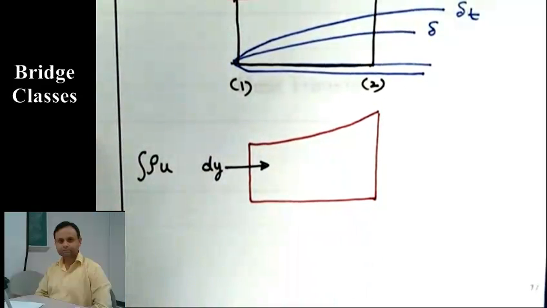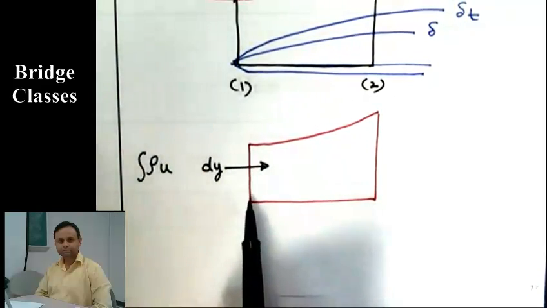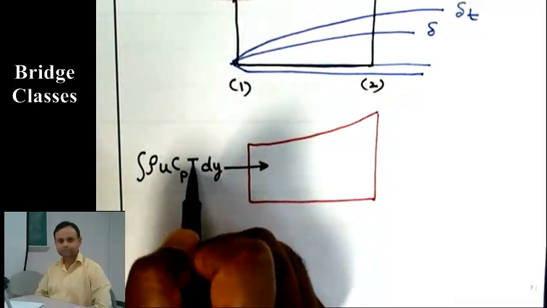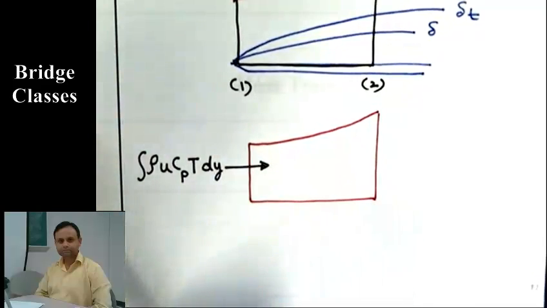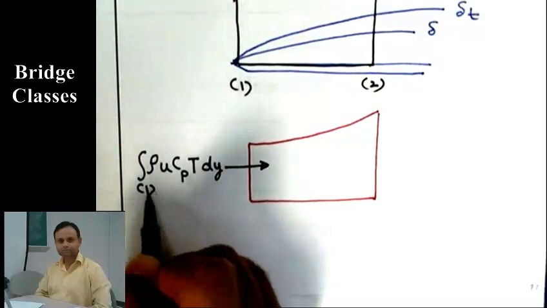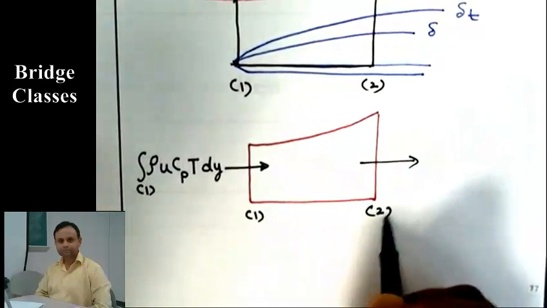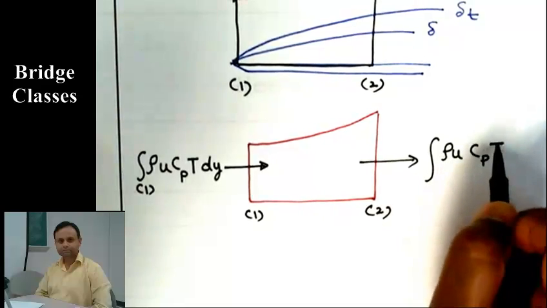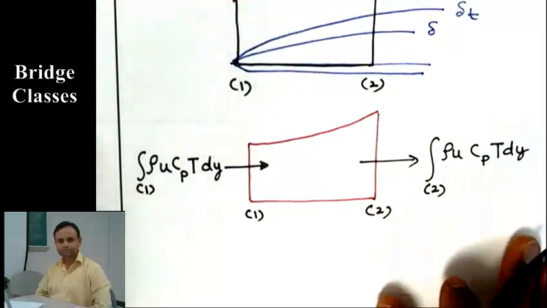This is mass flow rate, density times velocity times area. Multiply this with specific heat times temperature. This is the rate at which enthalpy is advected at section 1. At section 2, same thing: you have rho u cp T dy. This is at section 2.